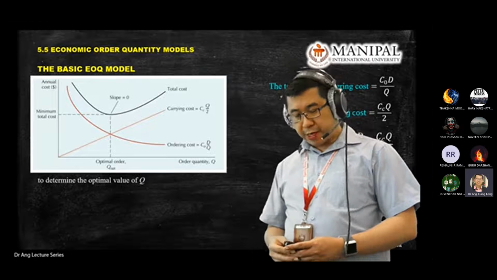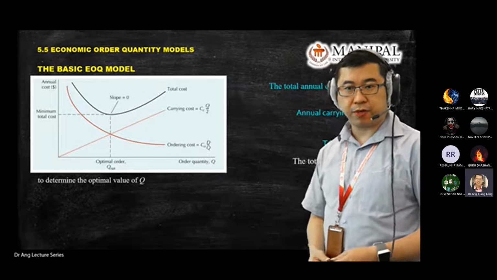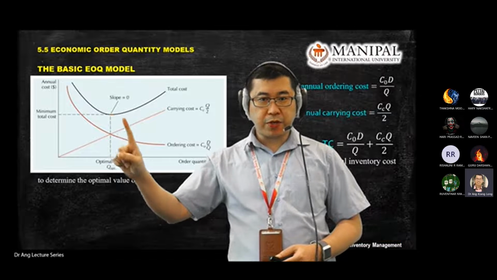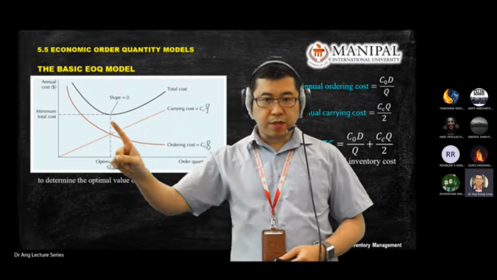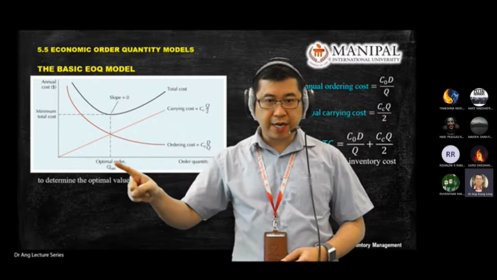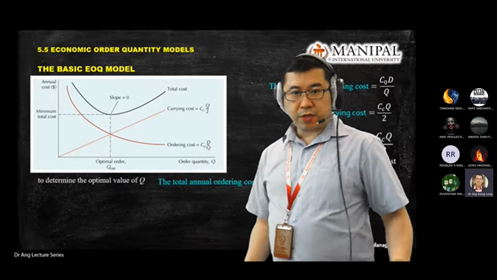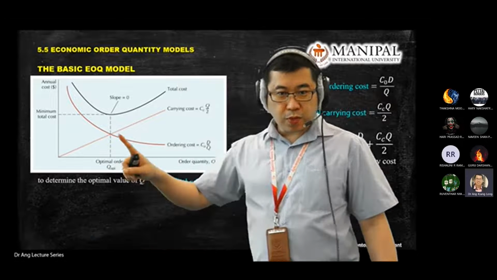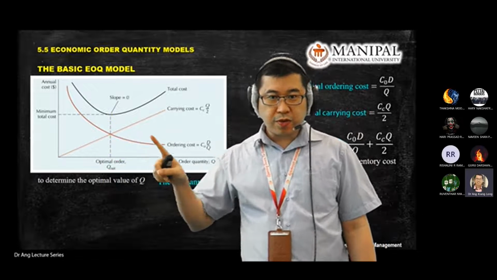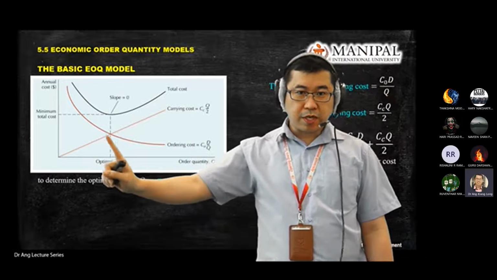Okay, there are a few steps right here just to give you some convenience when you do your revision. To determine the lowest point of your total cost, to find the optimum Q at the x-axis, what do you do? How to find this point? You equate your carrying cost to ordering cost.